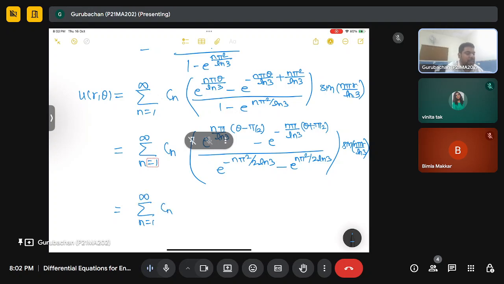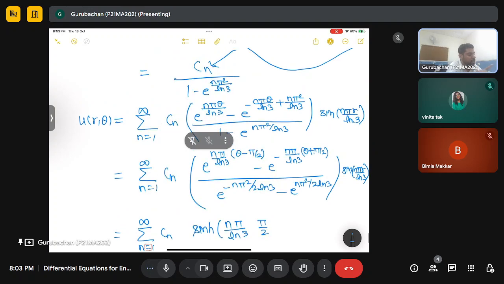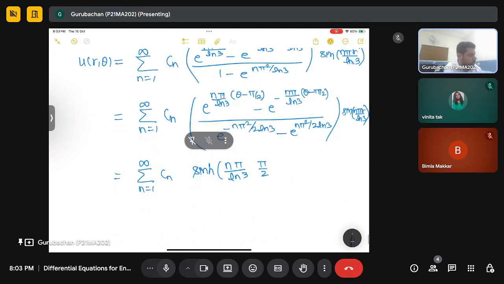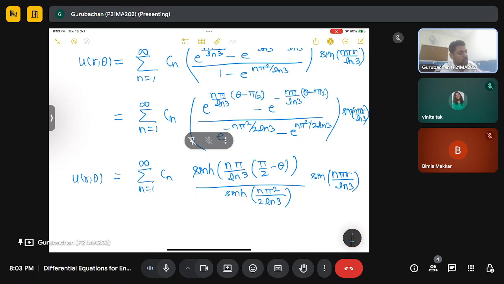If you take the minus sign common and divide numerator and denominator by 2, you will get sinh(nπ/ln3 (π/2 − θ)) divided by sinh(nπ²/(2 ln3)), into sin(nπr/ln3). This will be your u(r, θ).